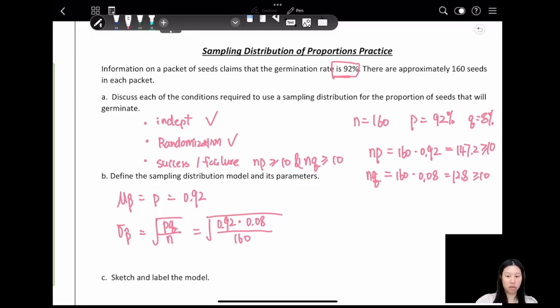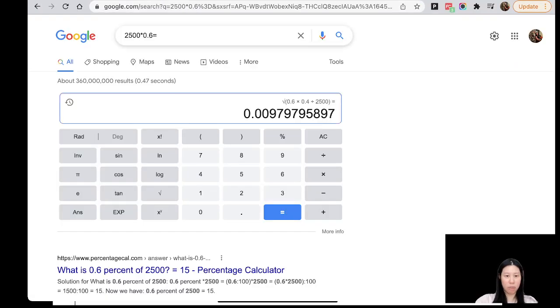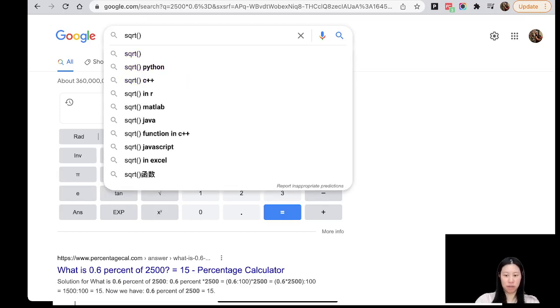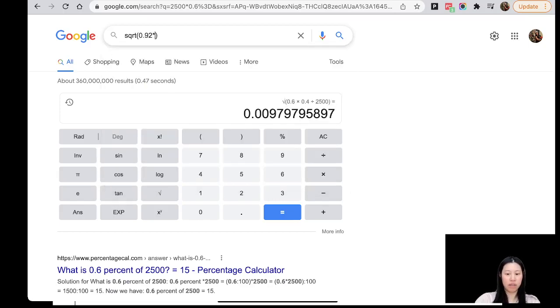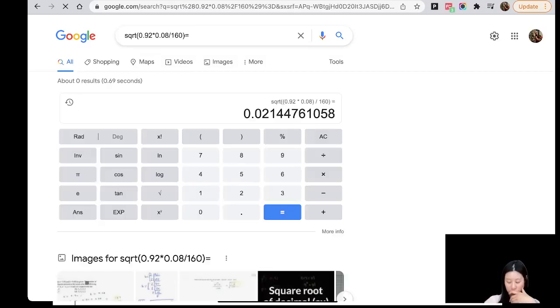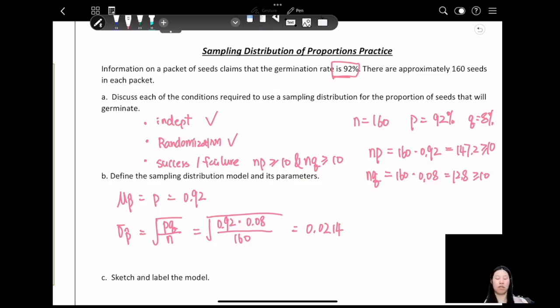Now let me calculate that. We have the square root of 0.92 times 0.08 divided by 160, which is approximately 0.0214.